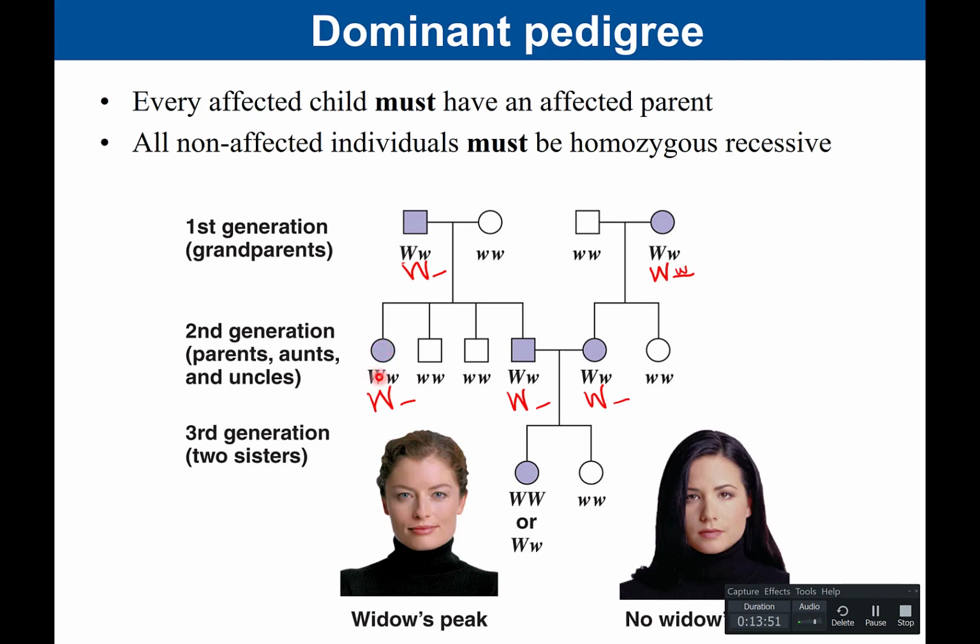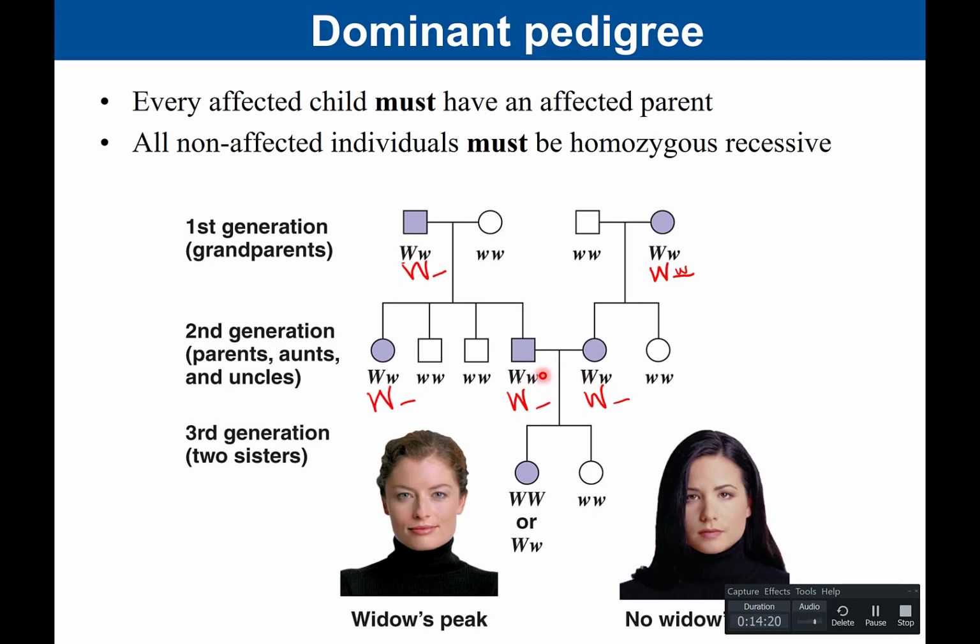This one doesn't have children. We can't use information about their children, but we can use information from the parent. They have a parent that is little w, which means that this parent can only give a little w, which tells you that this allele has to be a little w. In the case of this one here, there's not enough information to determine the second allele.